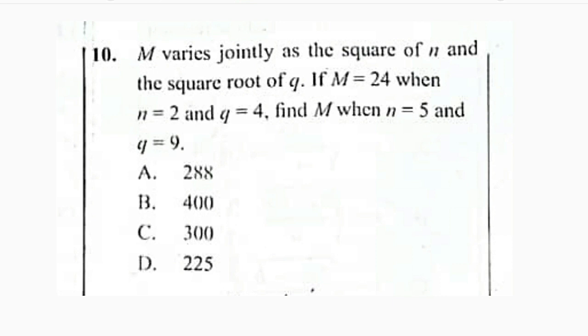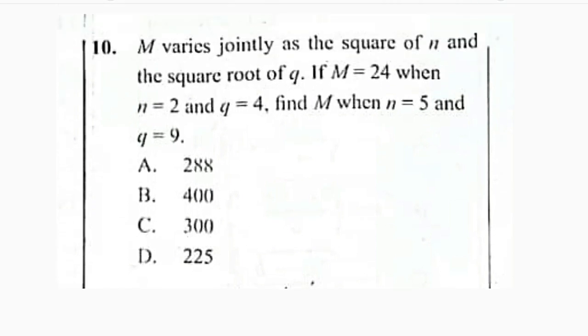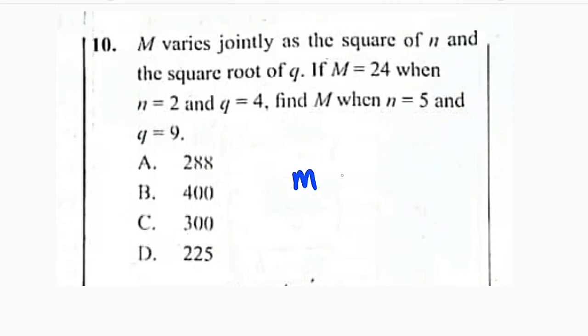So now let us establish a relationship between m, q, and n. It's stated that m varies jointly with the square of n, so we have n squared multiplied by the square root of q. To transform it into an equation, you have to introduce a constant.